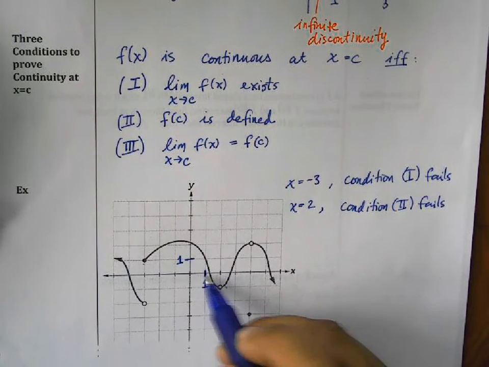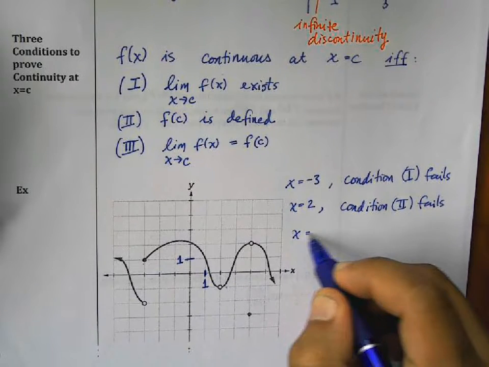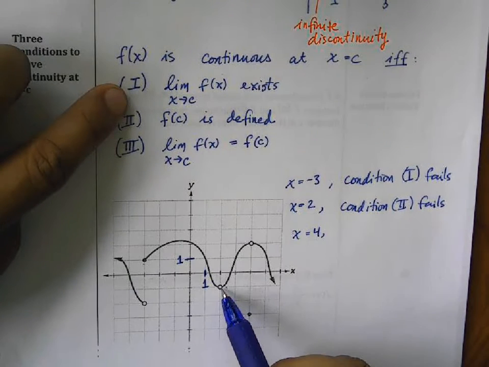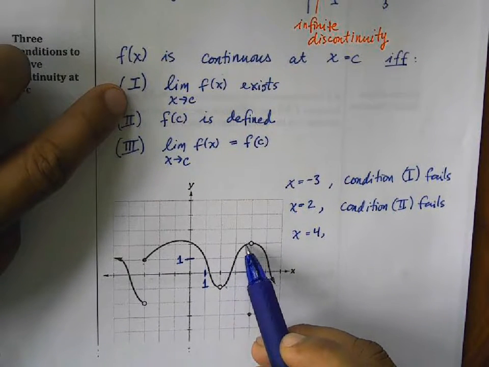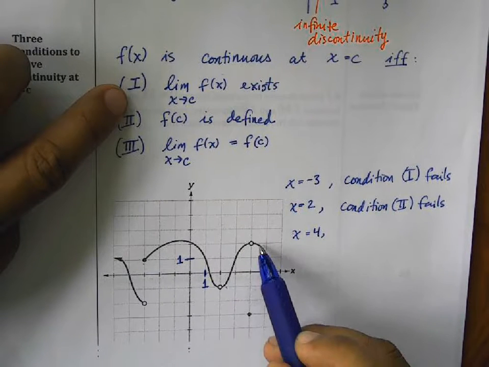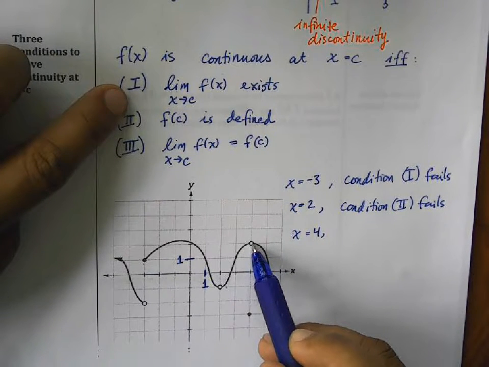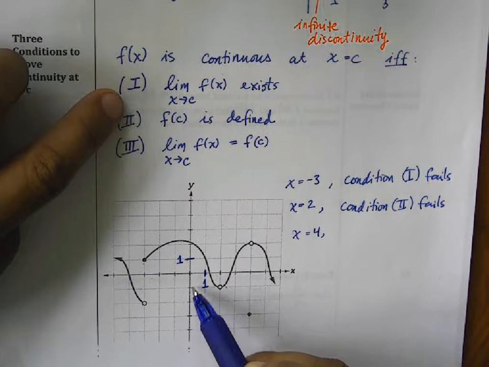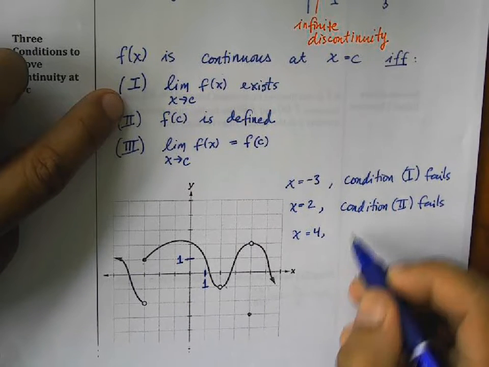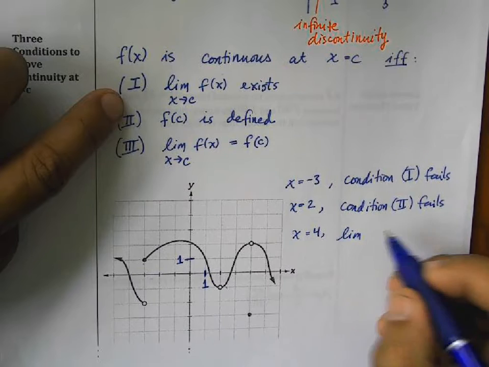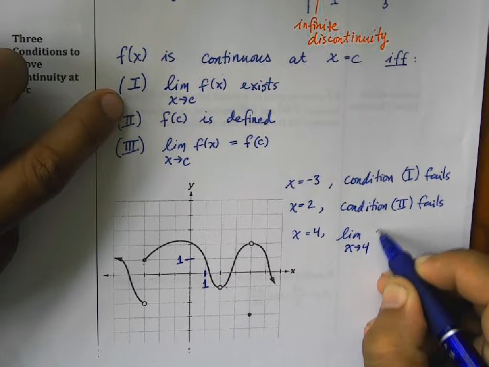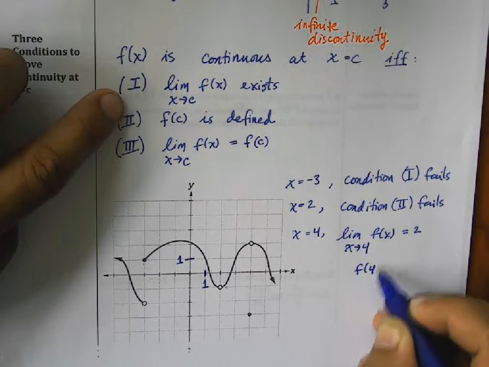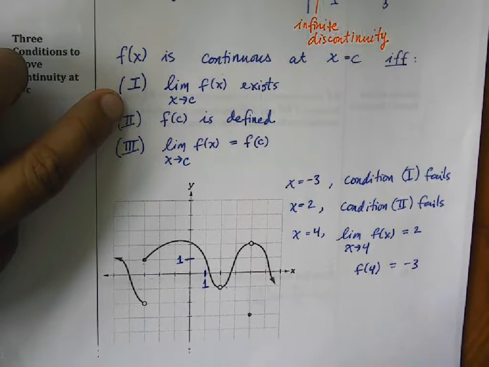Now, at x equals 4, you can see that condition 1 is satisfied as we approach 4 from the negative side and from the positive side. The limit is equal to 2. f of 4 is -3. So just to be clear, the limit as x approaches 4 of f of x in this case is equal to 2, and f of 4 is equal to -3.